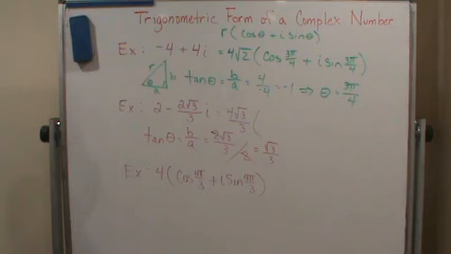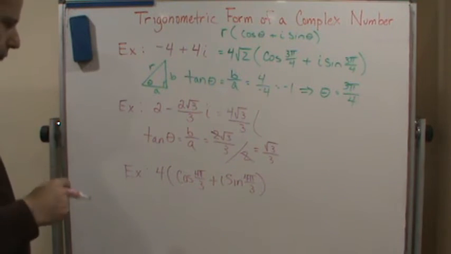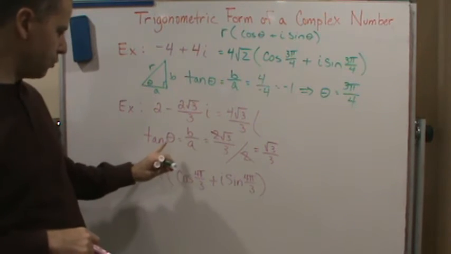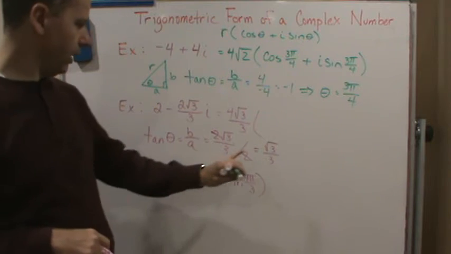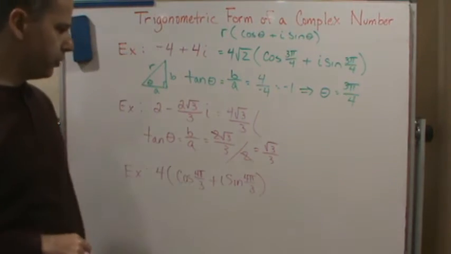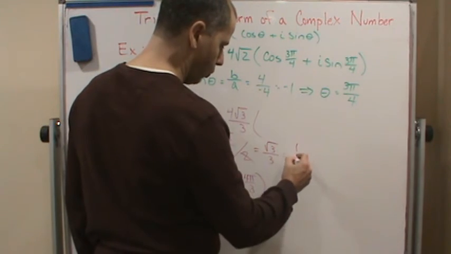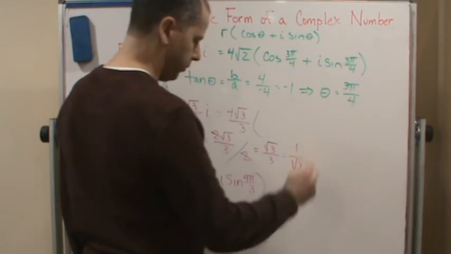Okay, so now if you're thinking about this, you can maybe notice what angle this is, because now we're going to ask what the tangent of what angle will give me root 3 over 3. Well, this is also the same as 1 over the square root of 3.